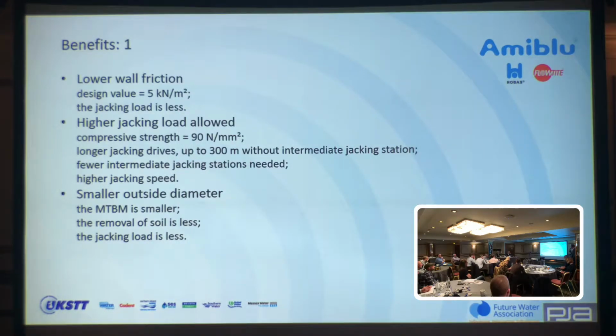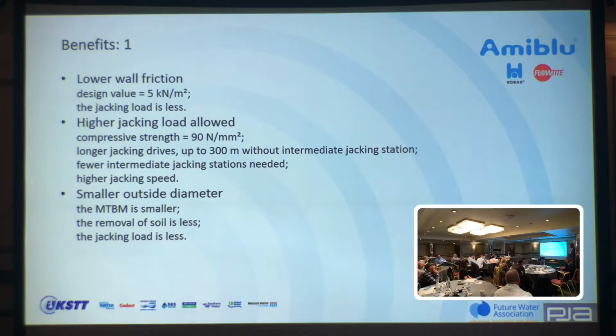We're talking about benefits. Because of the production process and the polyester resin, we have very low wall friction. Design value is normally around 5 kilonewton per square meter. In practice, you get 2.5, not high. So your jacking load is less, and higher jacking loads are allowed.